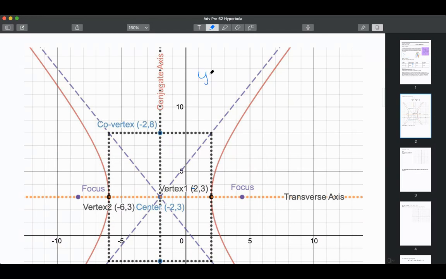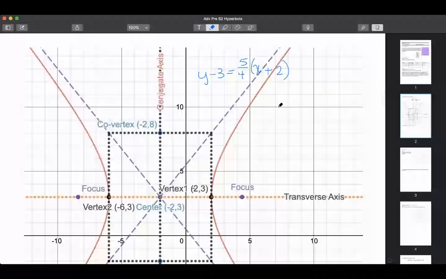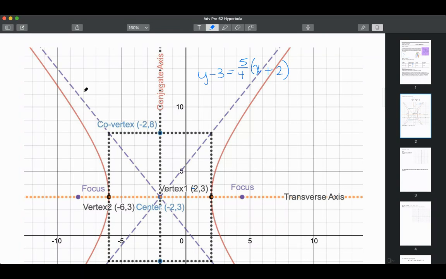So I'm going to have y minus 3 equals b over a times x minus -2, so plus 2. So I have the coordinates of my center, and I have my ratio of b over a to find my slope. This is for a horizontally opening hyperbola.